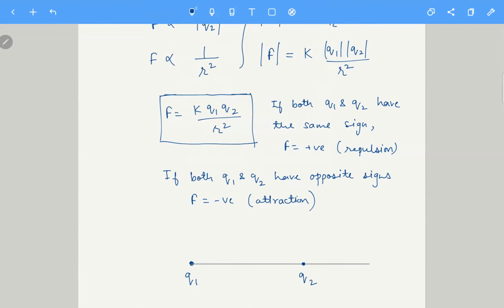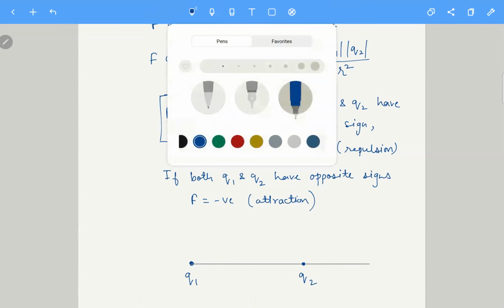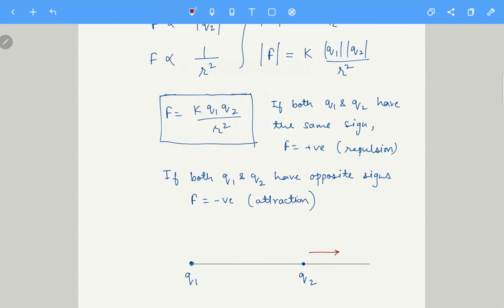Now there can be two directions of forces, one of them the attraction or repulsion. One direction of force may be towards the right hand side, one towards the left hand side. So this is the attraction force and this is the repulsion force. So two directions, one of them will be assigned a positive sign, one of them will be assigned a negative sign. समझा ये?